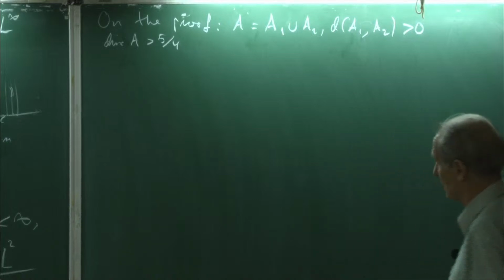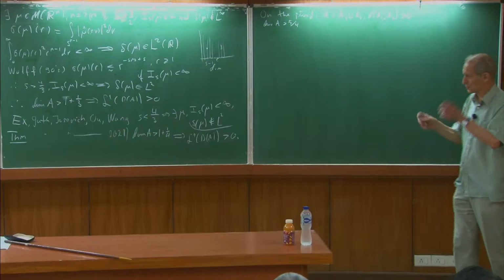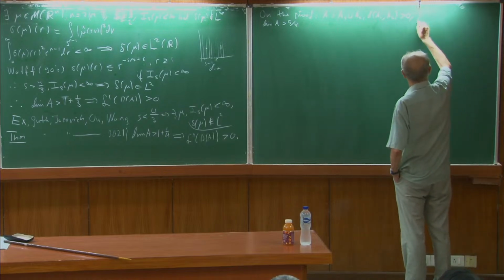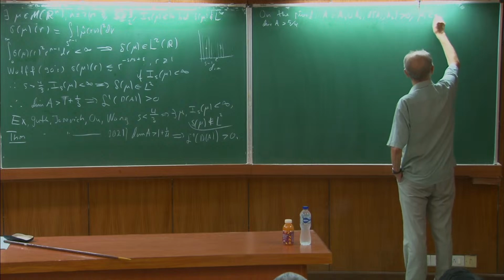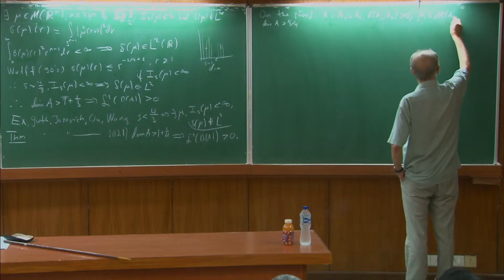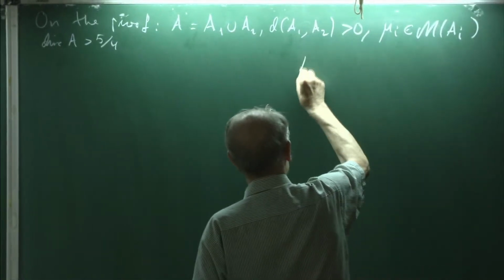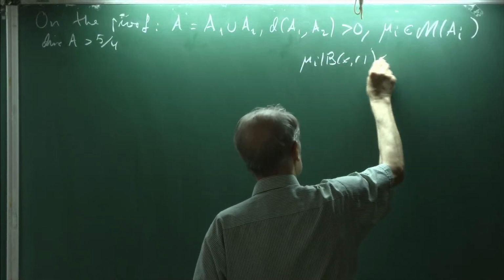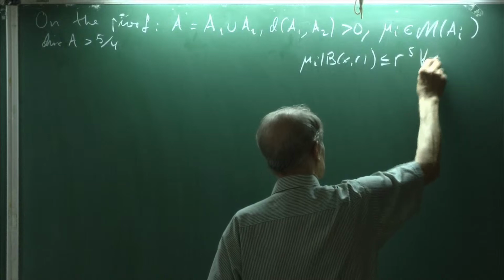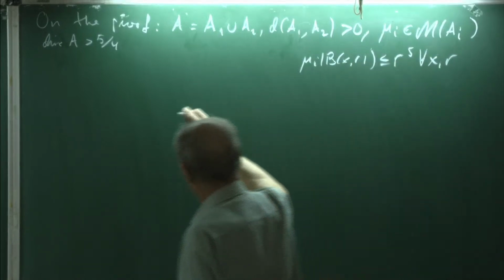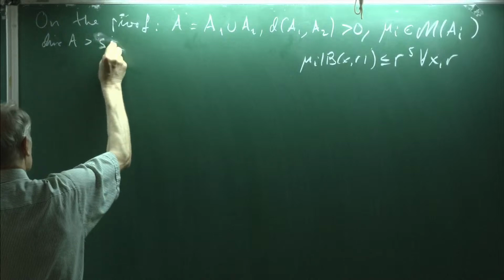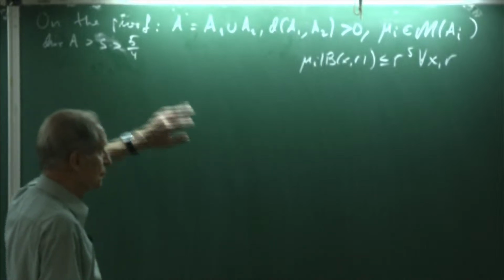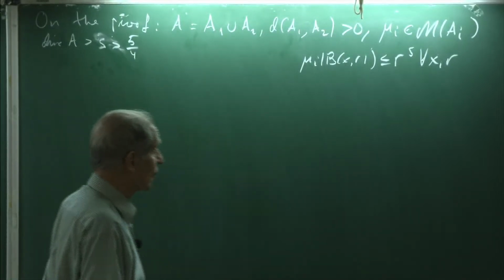And because you just go to some subset, dividing it into such two parts. And both support these Frostman measures with growth condition mu of B(x,r) is less than or equal to r to the s for every x and r. And I take some s between here in those, so then I can put this measure there. So s is now bigger than 5/4.